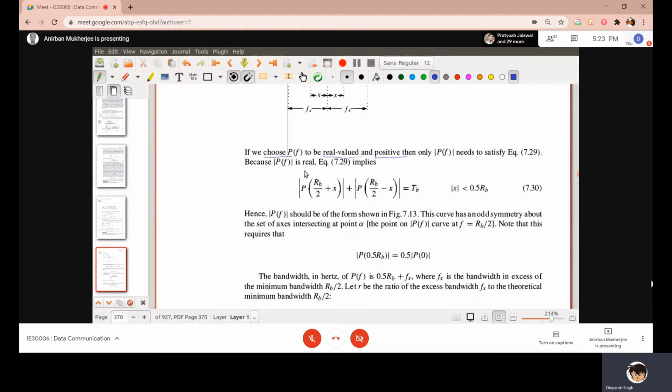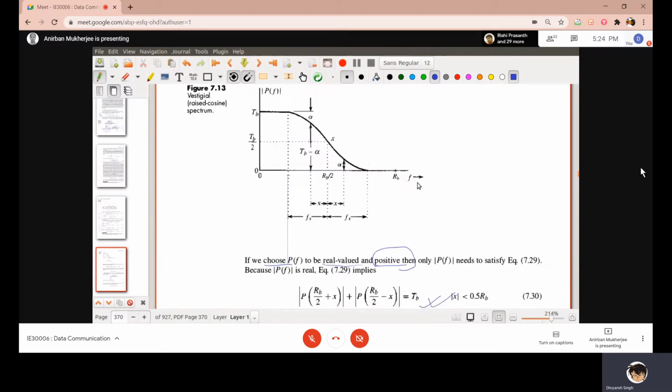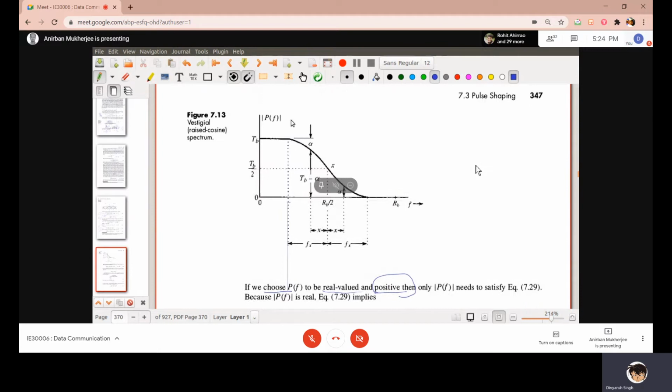I can take the mod individually, because everything is real and positive, so it doesn't matter. I can write this, and I can show mod P(f) maybe in this form.